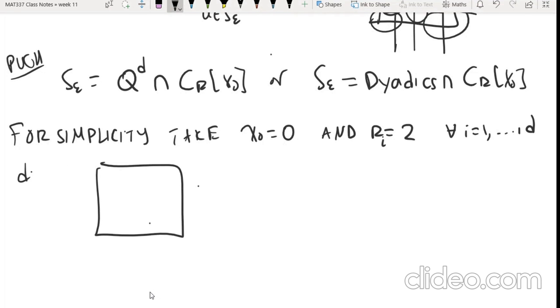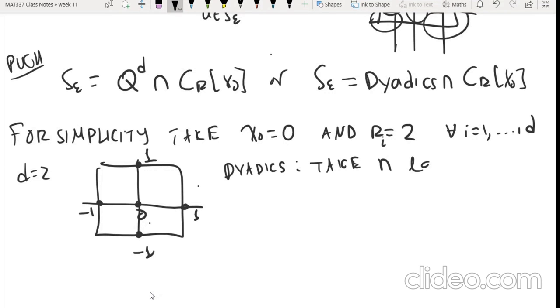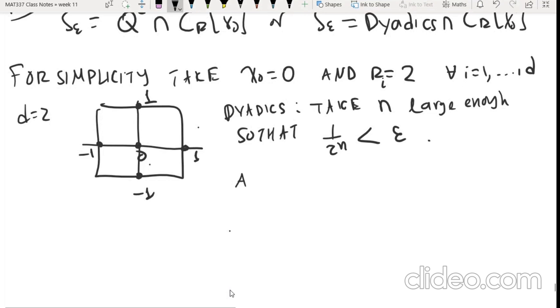So, for example, in D equal 2, you have 0, and it goes from -1 to 1, and -1 to 1. Okay. Then by dyadics, we take n large enough so that 1/2^n is less than epsilon. And consider the set, so let's do it one at a time.